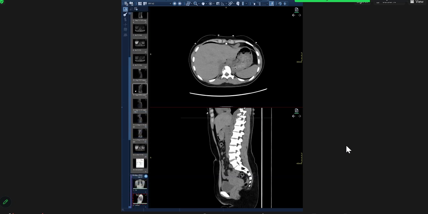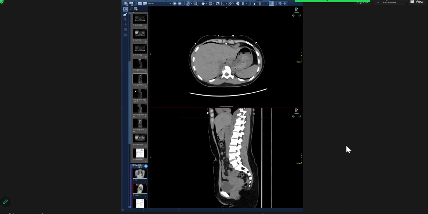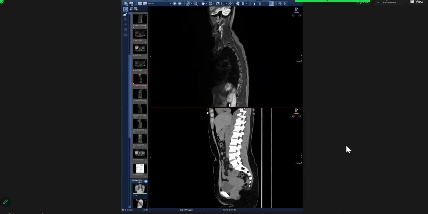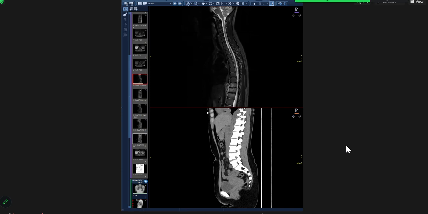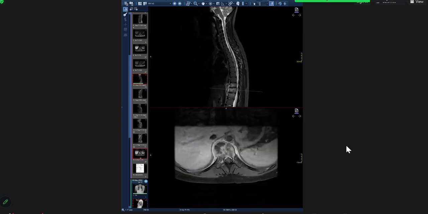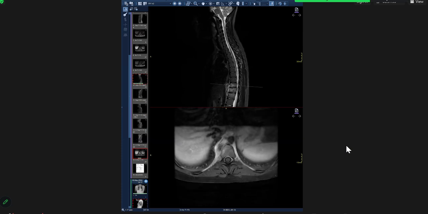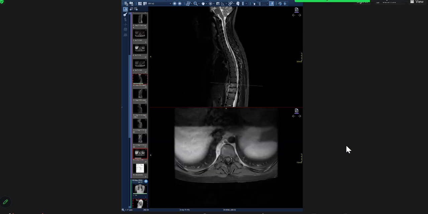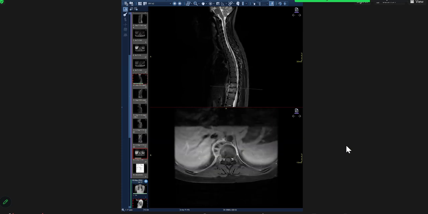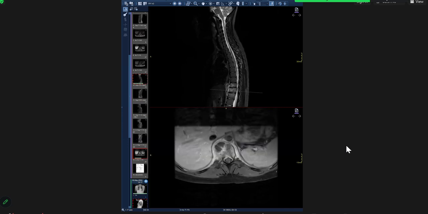Okay, so I would do the GeneXpert for this. Okay, so confirming my findings on MRI, I can see abnormal signals. Ma'am, can you scroll a bit more?